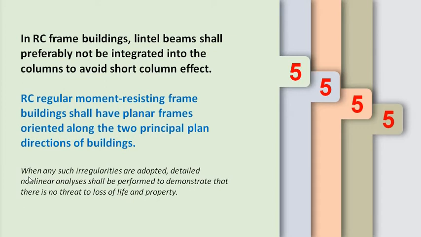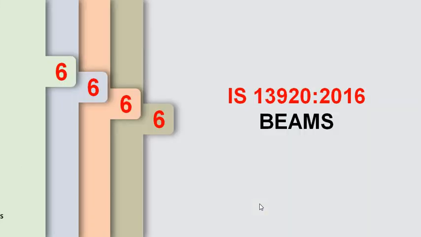Then, when any such irregularities are adopted, detailed nonlinear analysis shall be performed to demonstrate that there is no threat to life and property. Now we will move to the next clause, that is clause number 6, beams.